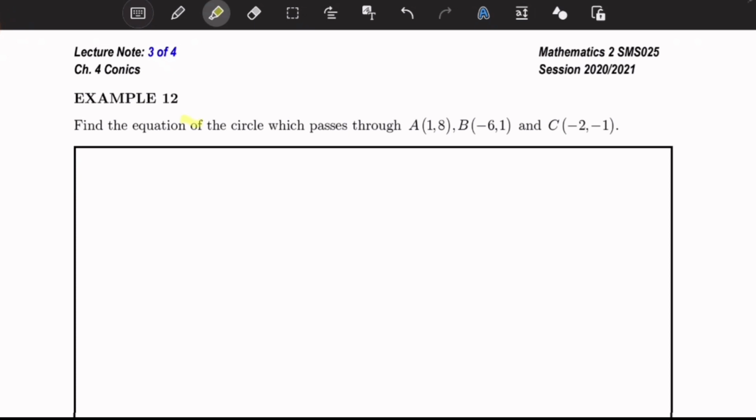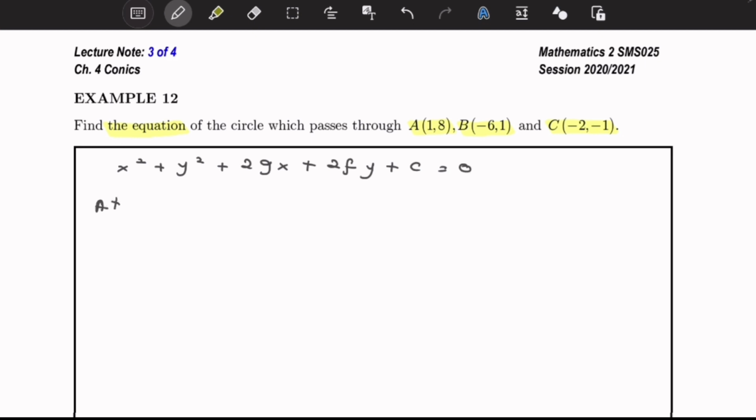Example 12. Find the equation of the circle which passes through point A (1, 8), point B (-6, 1) and C (-2, -1). So what we are going to do is substitute all these 3 points into the general equation x^2 + y^2 + 2gx + 2fy + c = 0. So point A first.